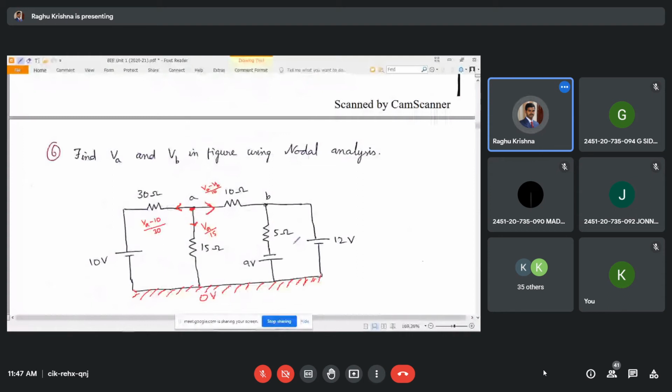This is the KCL equation at node A. So this is a simple problem on KCL. Next, let us do another problem.